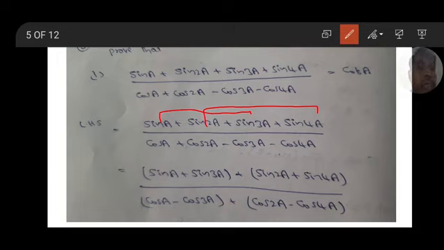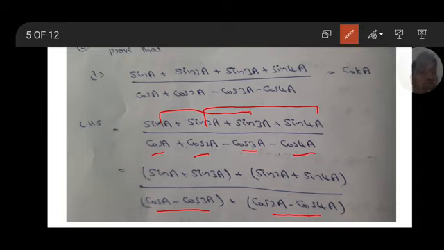Okay, I am taking in the numerator sin a, sin 3a and plus sin 2a plus sin 4a: first and third term, and second and fourth term. Whatever angles we took in the numerator, we have to take the same angles in the denominator also. So a and 3a: cos a minus cos 3a, next cos 2a minus cos 4a.